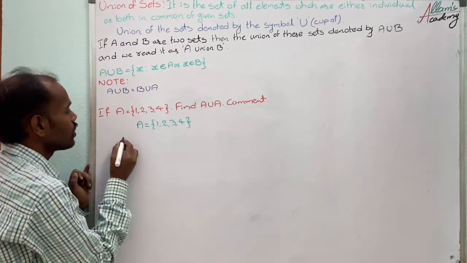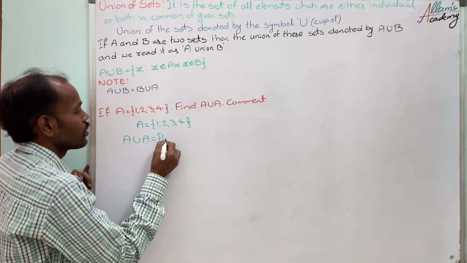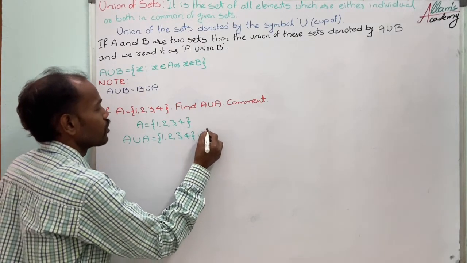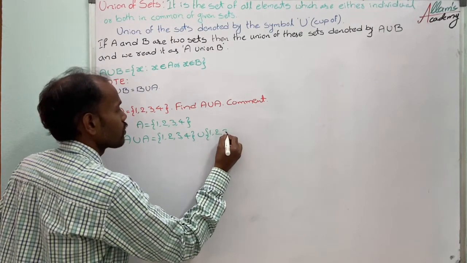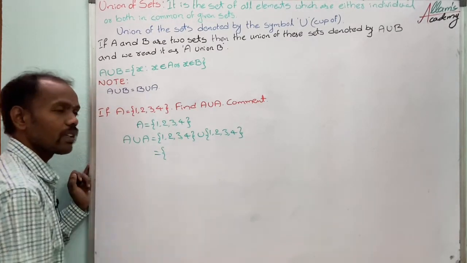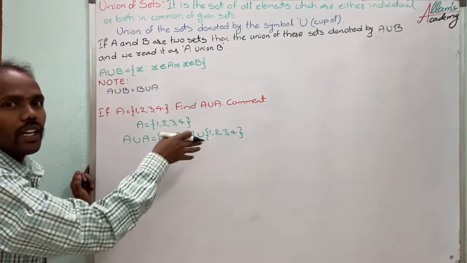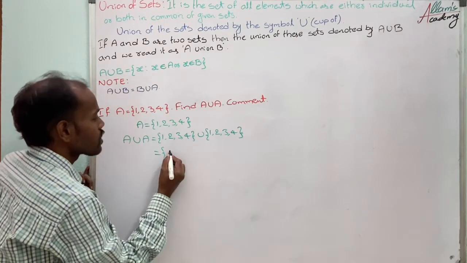Now A union A: the elements 1, 2, 3, 4 union with A again, which is 1, 2, 3, 4. We already said union means we write all the elements present in the two sets.